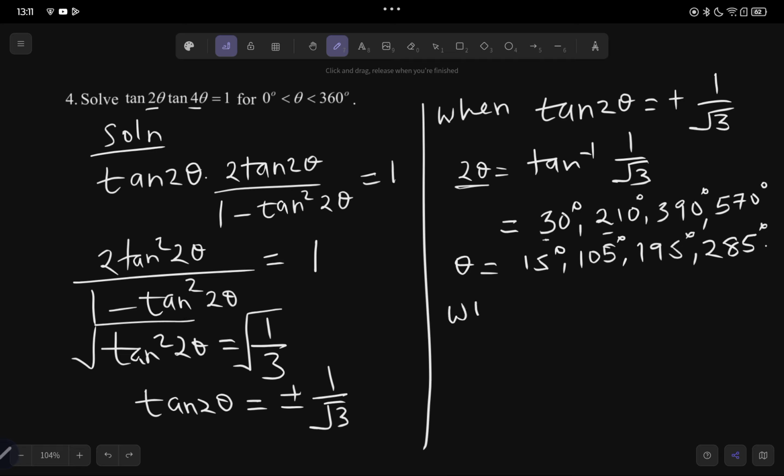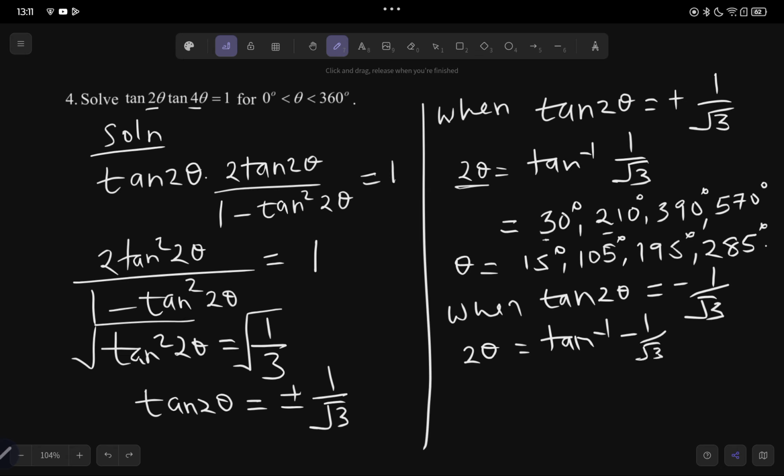Then when tan 2 theta is negative 1 over root 3, 2 theta is tan inverse of negative 1 over root 3. The principal angle is tan inverse of 1 over root 3, that is 30. But now negative is in the second quadrant, which is 180 minus 30, which is 150.